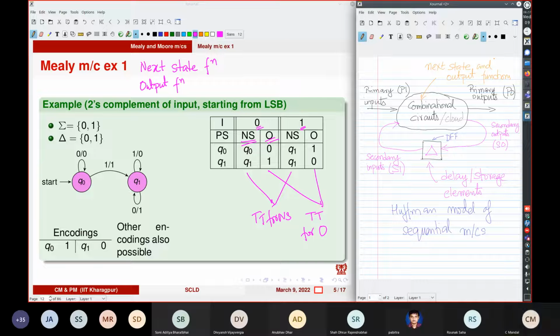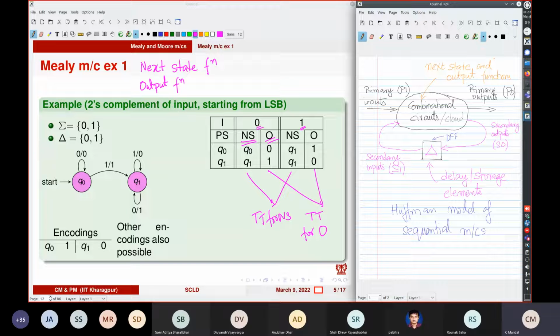Now note that the choices for encodings do have consequences. In fact, it will be a good exercise for you to try this out and see. In other words, depending on your encoding, you might have a bigger circuit or a smaller circuit.